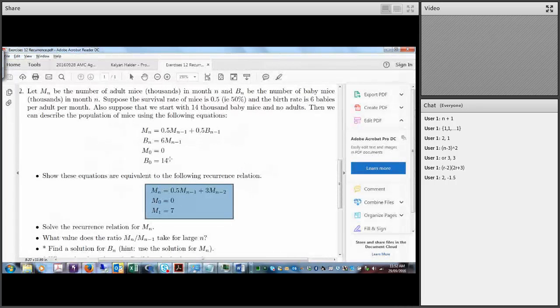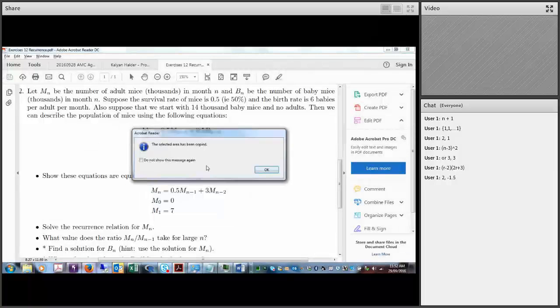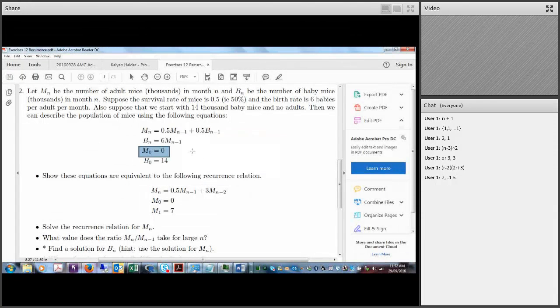So we want to go, well, what's the number of baby mice, for example? We've got a number of adults, how many babies are there? And if you look back at the original equation, the number of baby mice is equal to 6 times the number of adult mice in the previous month. And so you can just plug various things in.